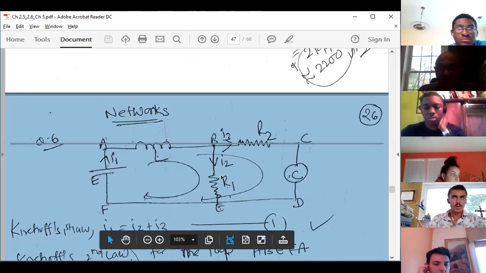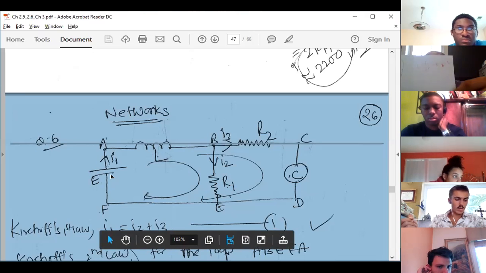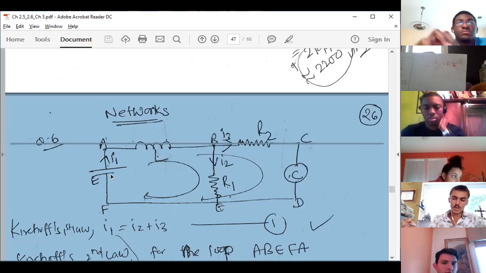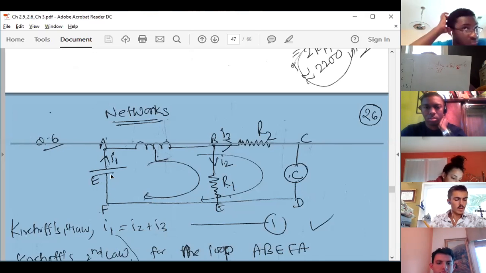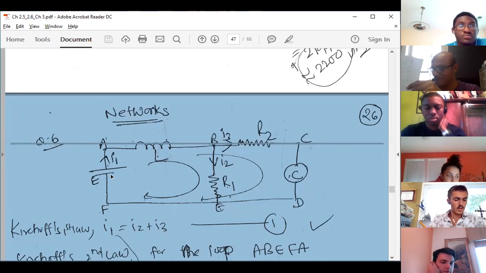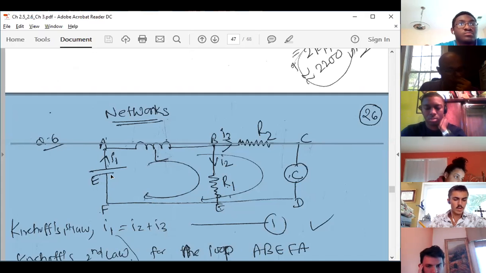Look at here, R1 times I2, and then there is no other component, so it goes to the battery. So that is equal to E. Shall I write like this? Yes, sir. Makes sense. Okay. Good.